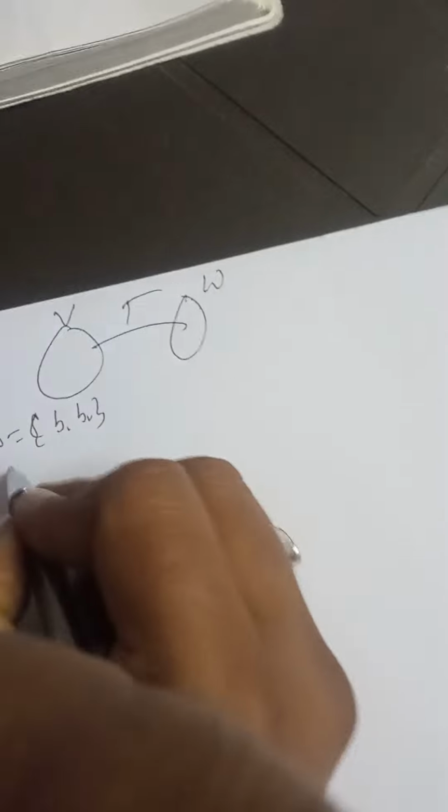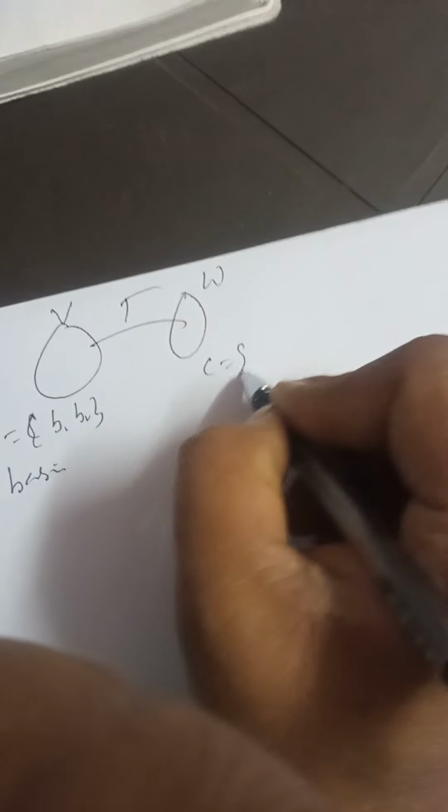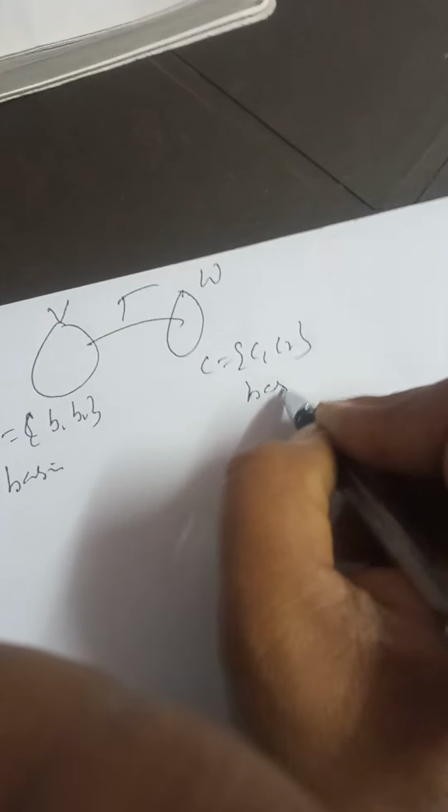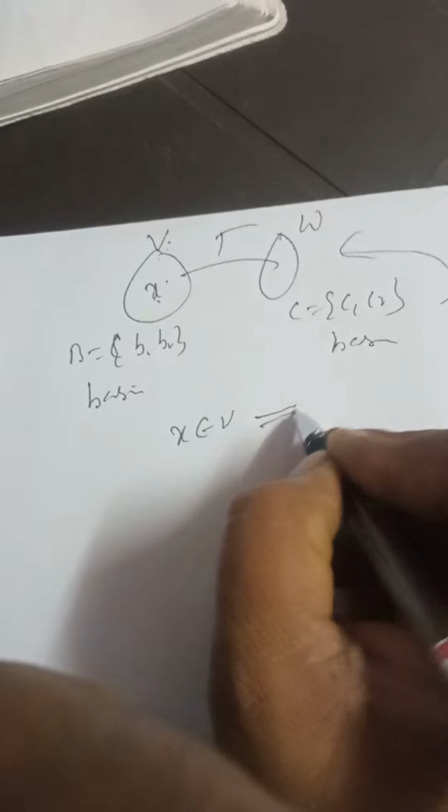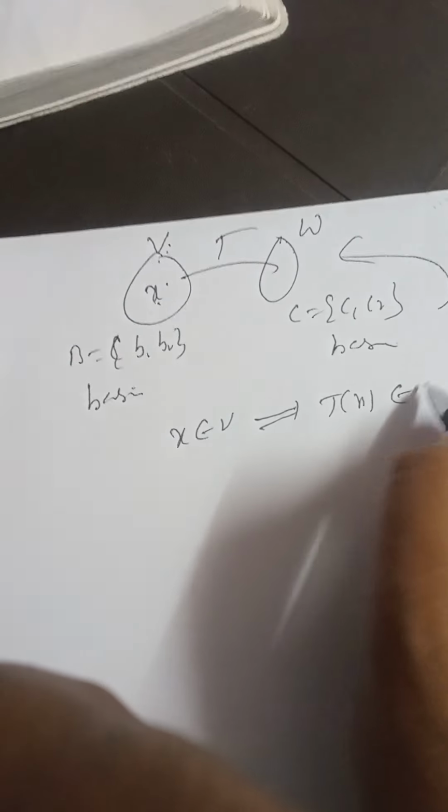Now we know that for the transformation from V to W, B is equal to B1, B2 basis, C is equal to C1, C2 basis for this one. Okay, if X is an element in V, then its image is denoted by T of X, which is in W, right?